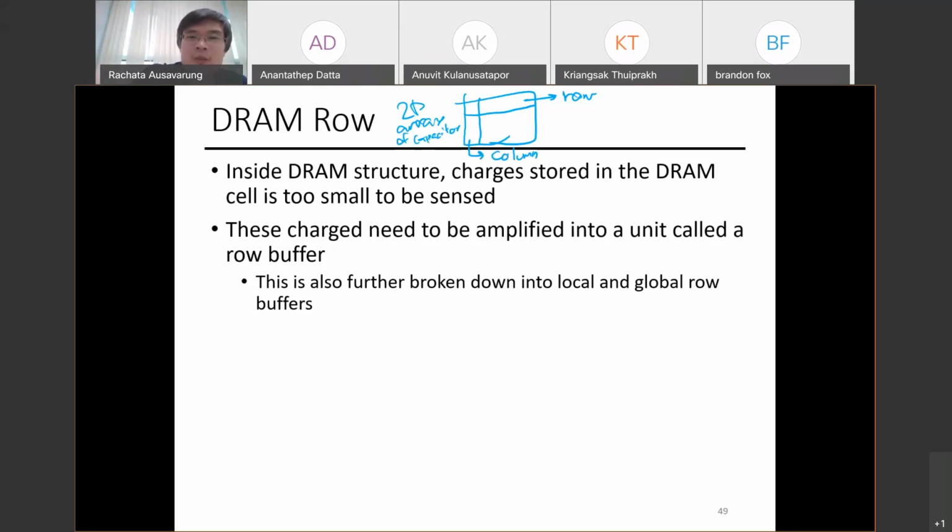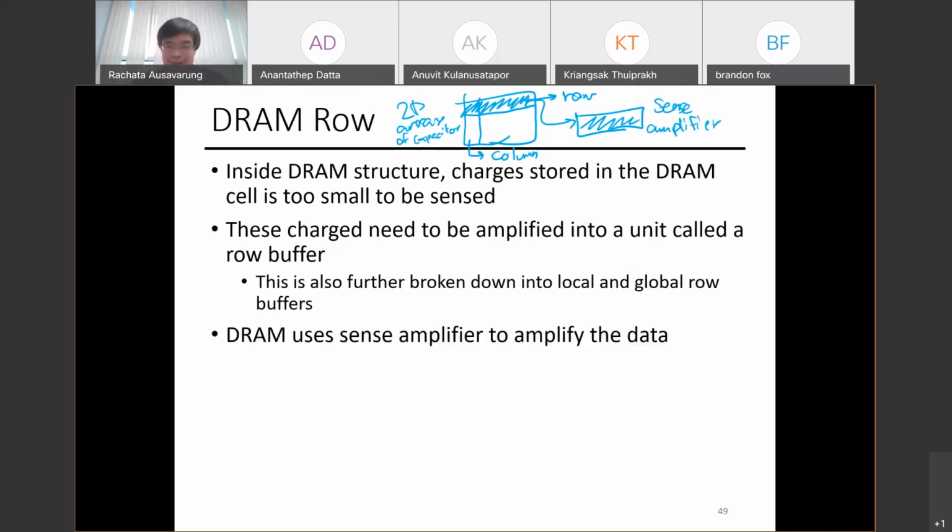So when you need to read from DRAM, this whole row will be put into what we call the sense amplifier. So the data will be put here. Why is it named sense amplifier? The data are being amplified to sense what's in there.